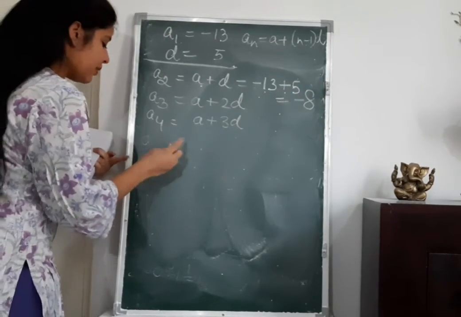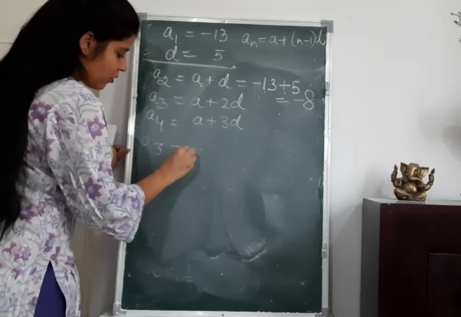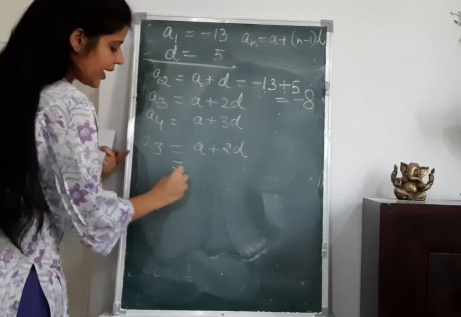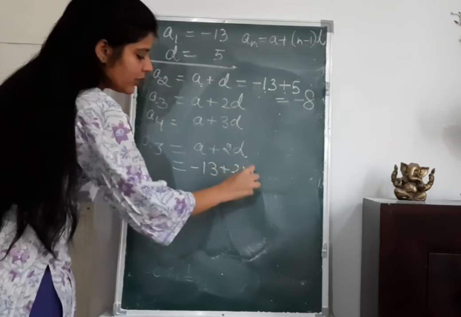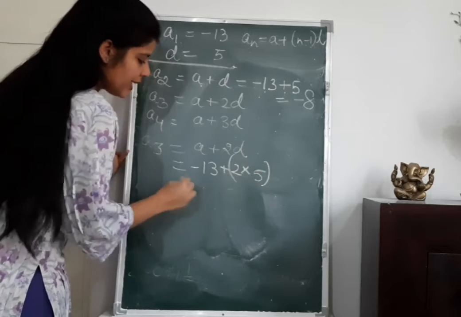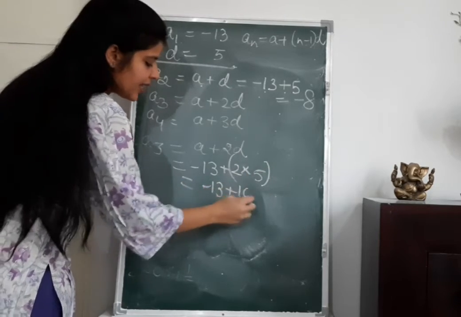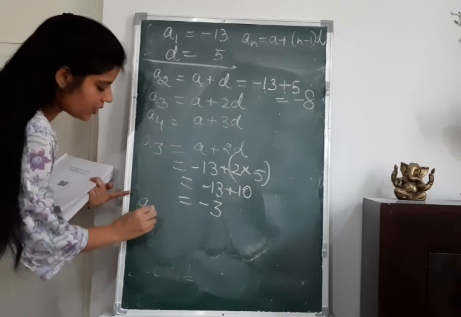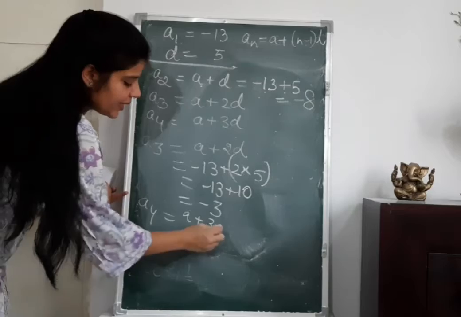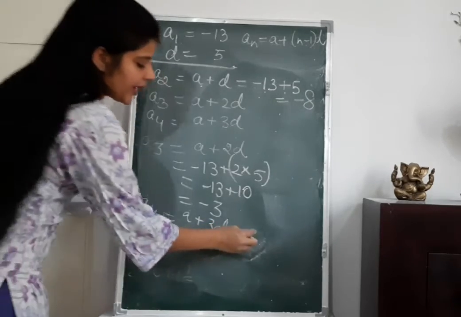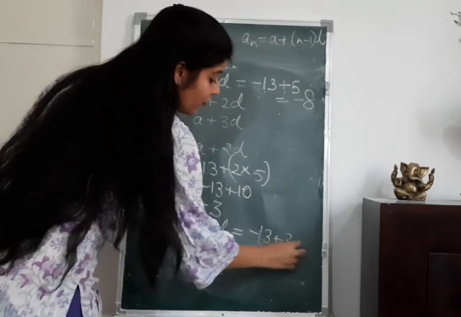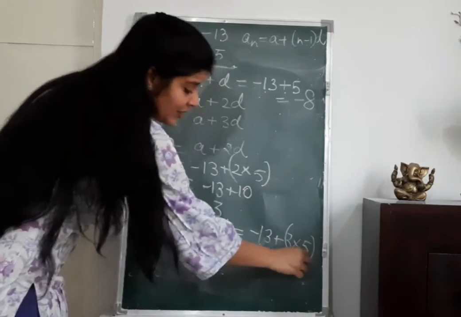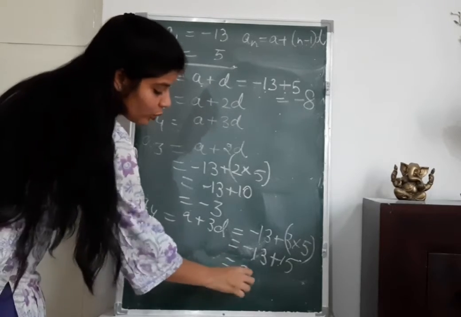A3, A plus 2D. A is minus 13 plus 2 into 5. That is minus 13 plus 10. That gives me A3 as minus 3. And A4 is equal to A plus 3D. A is minus 13 plus 3 into 5. That gives me minus 13 plus 15, that is equal to 2.